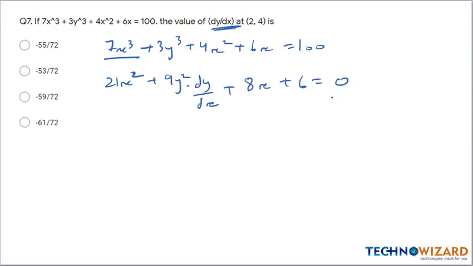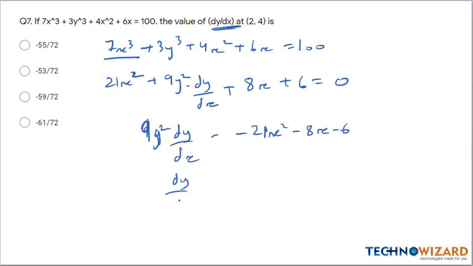Derivative of a constant is 0. Now I am taking all the x terms on the RHS side. Dy by dx is equal to minus 21x square minus 8x minus 6. Okay, now dy by dx is equal to minus 21x square minus 8x minus 6 upon minus 9y square.